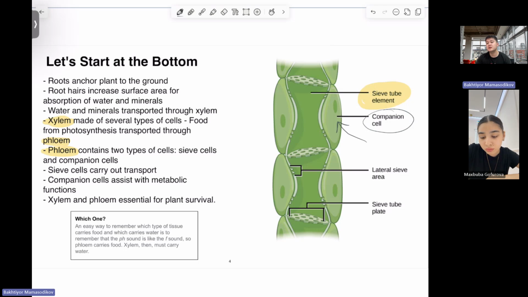They support the sieve tubes, okay? So this is the sieve tube. They support the sieve tube by handling metabolic tasks. For example, if the sieve cells are damaged, they're going to repair them, okay, or helping with the loading of the sugars as well.